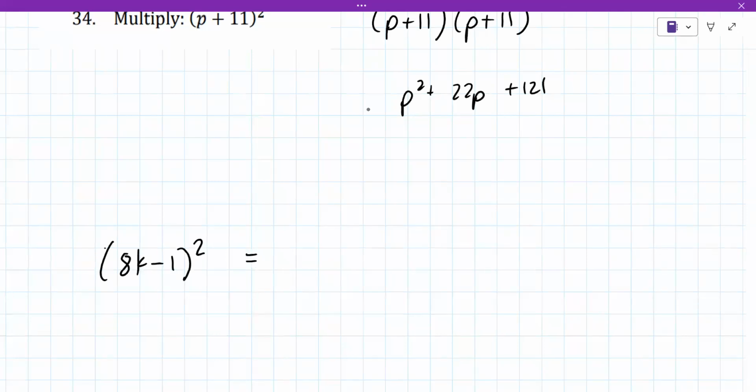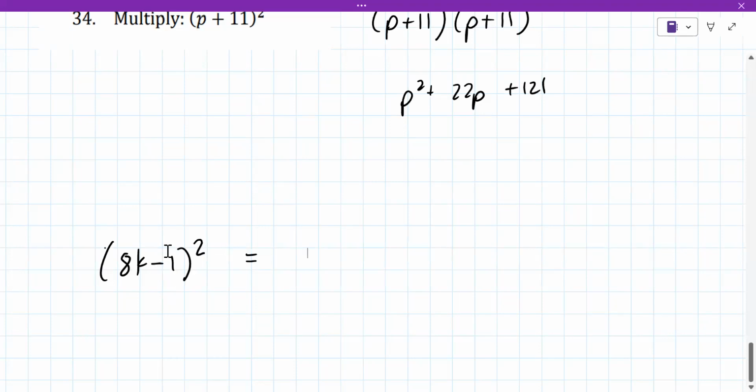Same thing, you want to really separate it out as 8k minus 1 times 8k minus 1. 64k squared plus 1 plus 16k. Would it be 64k squared plus 16k plus 1?